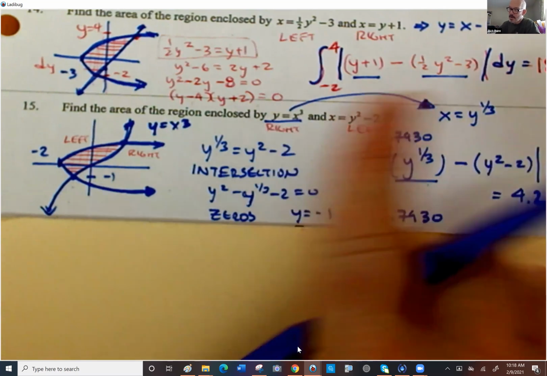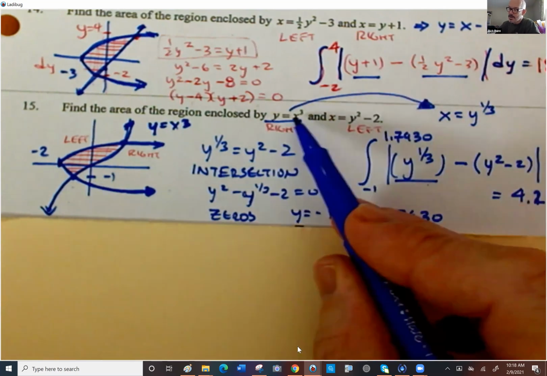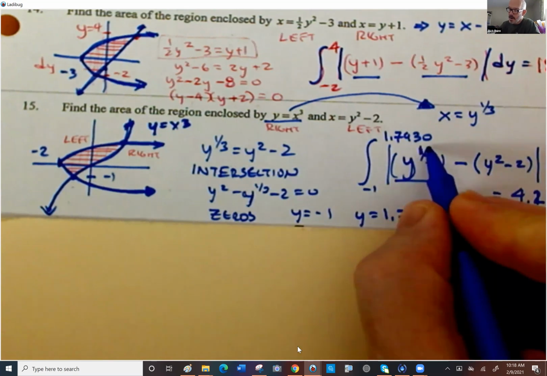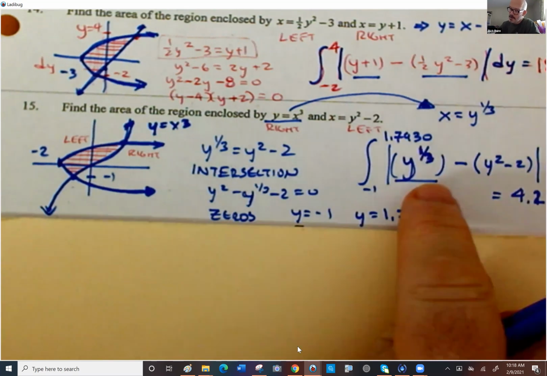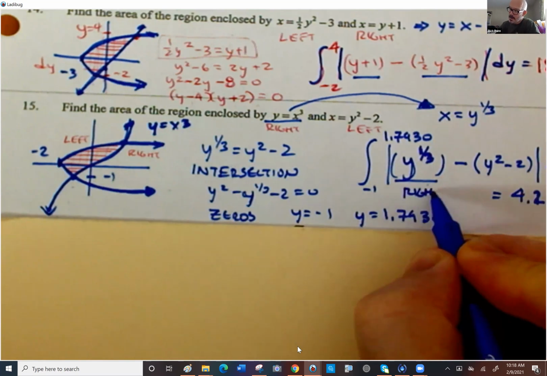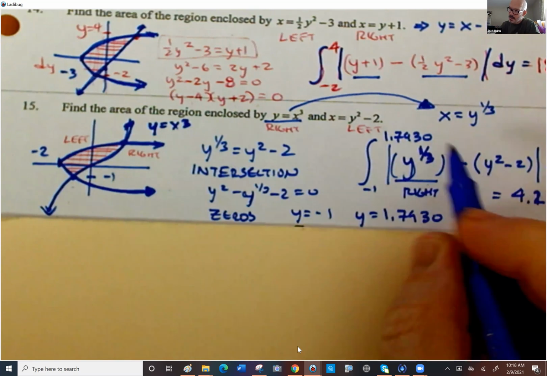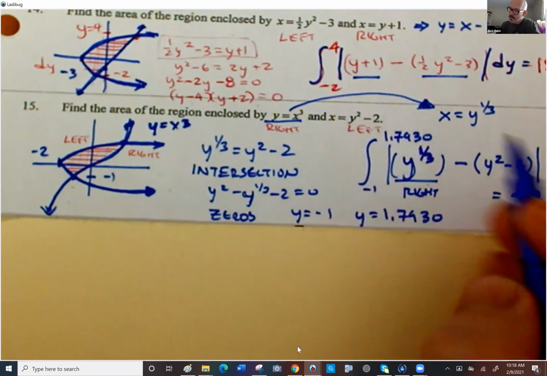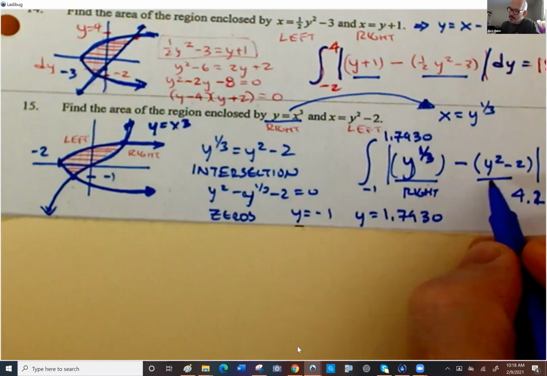It's already solved for y, so by taking the cube root of both sides, that'll give us y to the 1/3 power. That's, in this case, the right function. And then our left function is already solved for x, so it's going to be y squared minus 2, and that's our left.